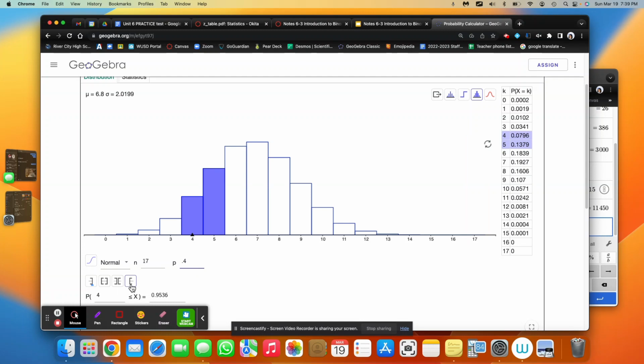We want the probability that X is greater than or equal to 11. Exceeded would be more than 10, so that would be 11 and above. It would be these probabilities added together. That's 0.0348.